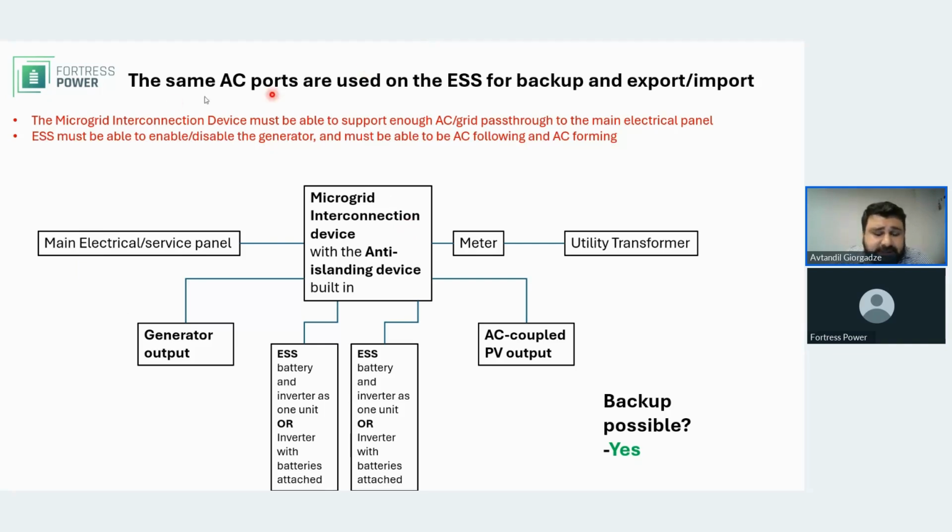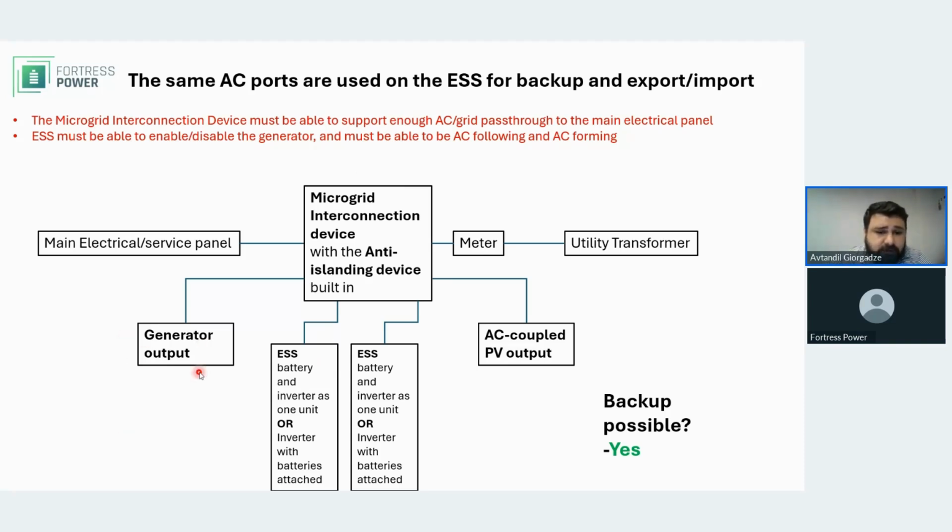So returning to this, if you have inverter or inverters and the energy storage systems as a standalone unit with a battery and inverter built in, and you have one group of ports responsible for backup and for import and export, then a microgrid interconnection device is something that makes a ton of sense.